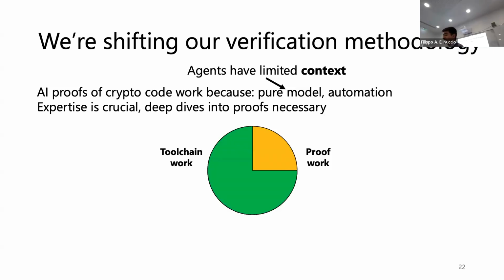But the thing is, even though there are still many things we need to do for it to work, it had a deep impact on the way we work on our verification methodology. So until now, we would put most of our work into the toolchain to make it really scale. And we try to have around 3/4 of our time investing into the toolchain and the remaining into the proofs.